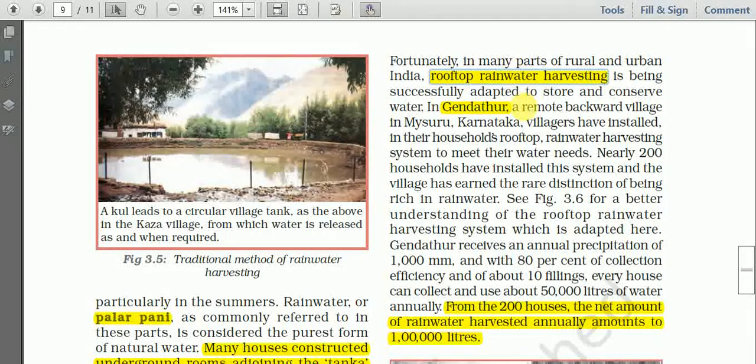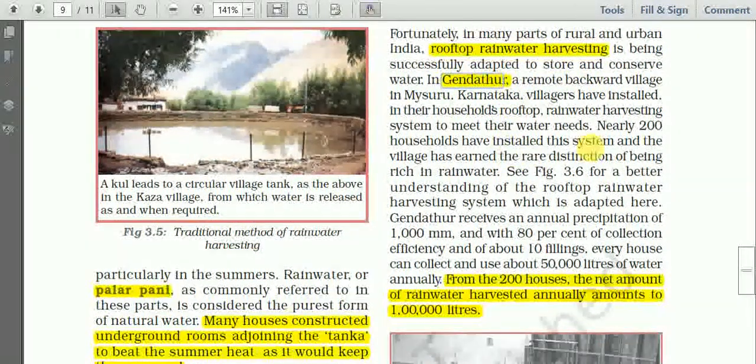One best example is given here, Gendathur. Gendathur is a small backward village in Mysuru in Karnataka. Every household has a provision of rooftop rainwater harvesting. So we have around 200 households in Gendathur.